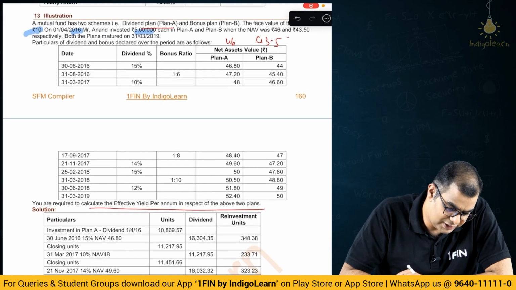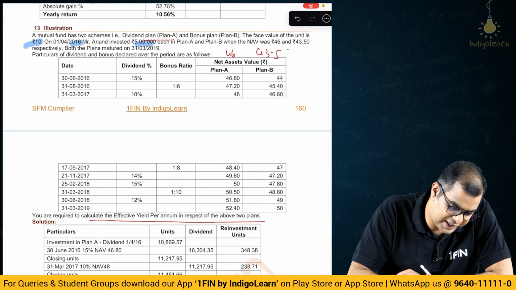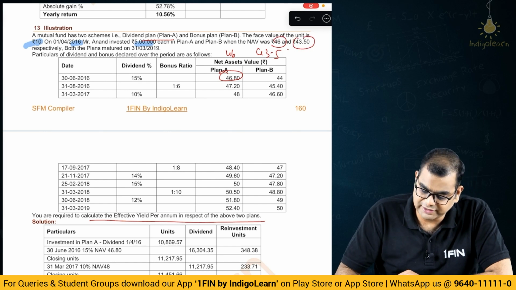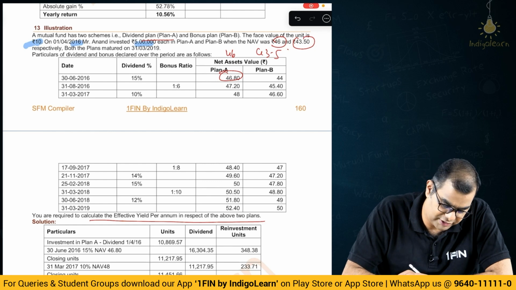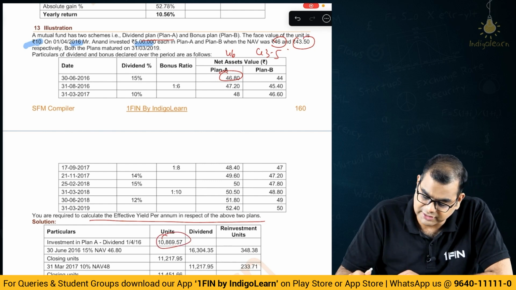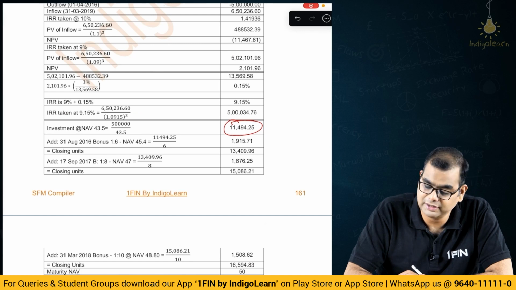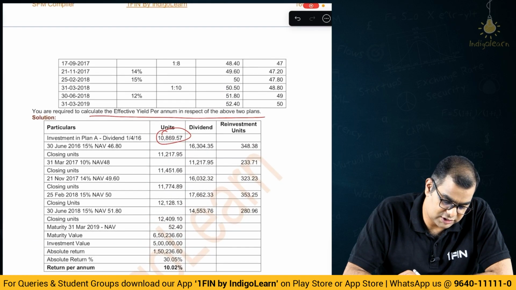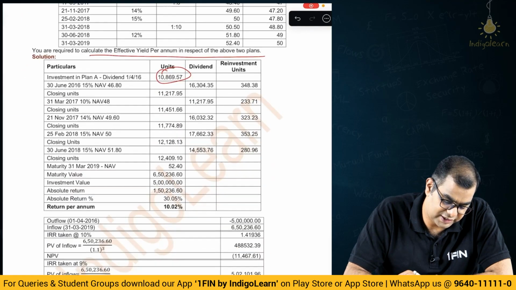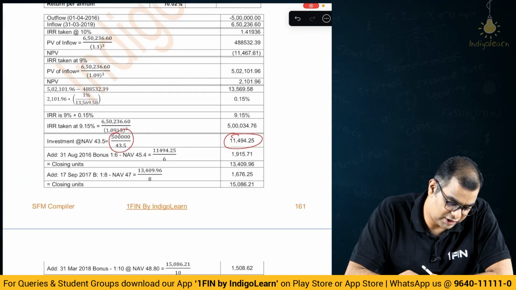Now, you invested 5 lakhs, and what is the NAV on that date? NAV on that date is 46 and 43.5. So, you divide 5 lakhs by 46, you will get 10869.56, which is what you got here. Then 5 lakhs divided by 43.5 for the second plan, you get 11494.